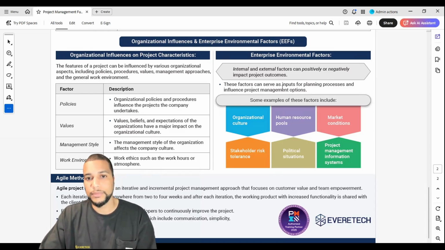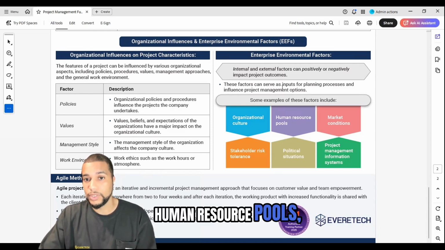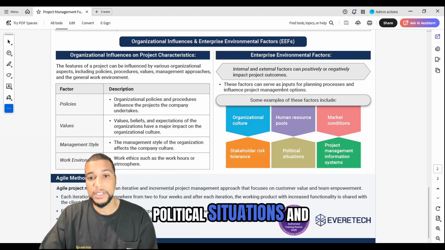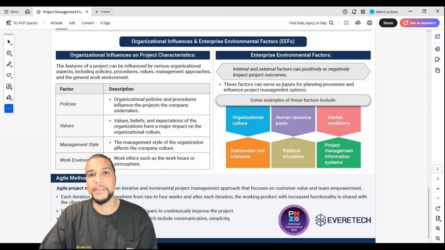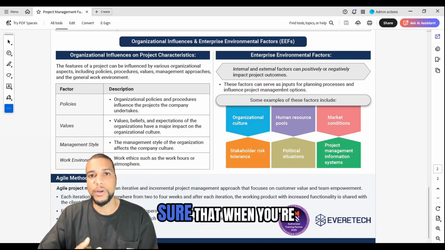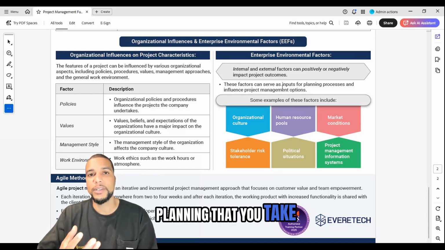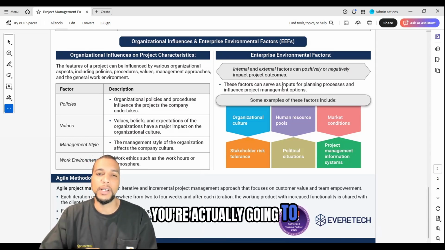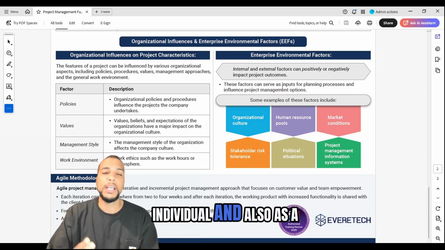Organization's culture, human resource pools, market conditions, stakeholder risk tolerance, political situations, and project management information systems. Those are all things that you need to make sure you take into effect when you're planning, and also those steer the types of projects that you're actually going to undertake as an individual and also as a business.